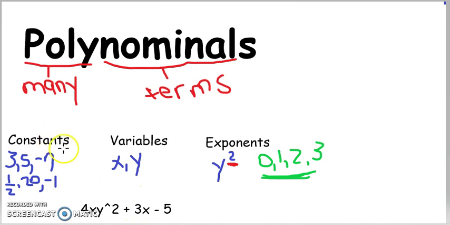So let's look. We are going to draw a line to the constant. First constant that you see is what? 4. The next constant that we see, 3.